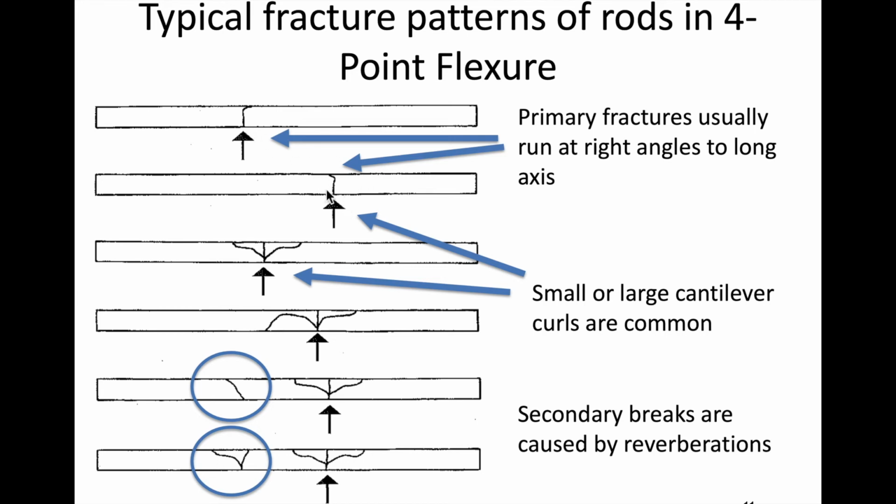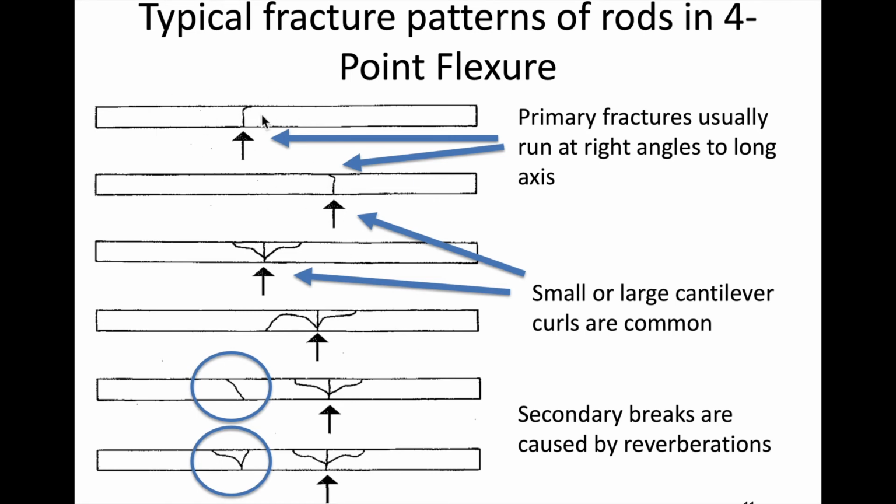These are within the area of maximum tension between the smaller load points, and they typically run at right angles to the long axis. So you can see that this is perpendicular to the long axis. So these are valid tests.